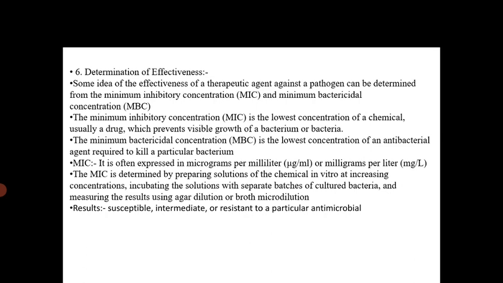And next is the minimal bactericidal concentration, MBC. Fine. Now let's see, MIC. It's the lowest concentration of a chemical, usually a drug, which prevents visible growth of a bacterium or bacteria. Fine.